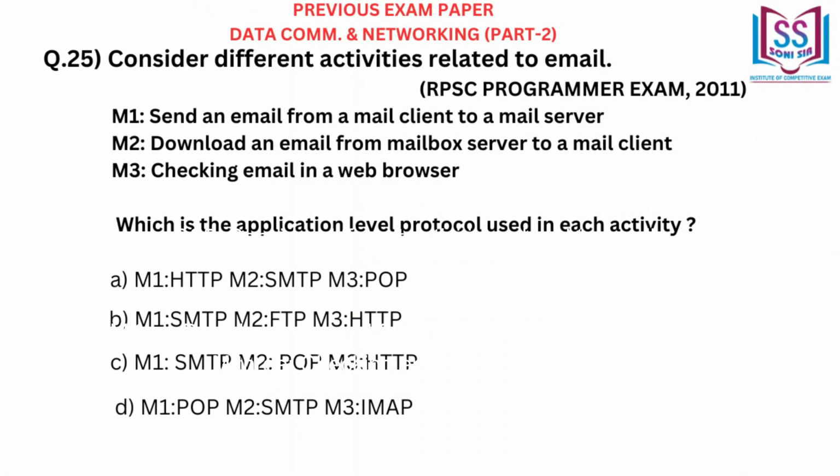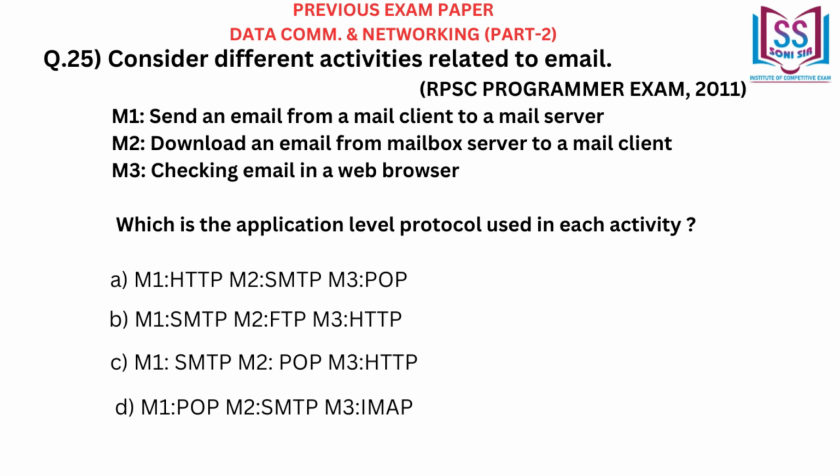Consider different activities related to email. M1. Send an email from a mail client to a mail server. M2. Download an email from mailbox server to a mail client. M3. Checking email in a web browser. Which is the application level protocol used in each activity?